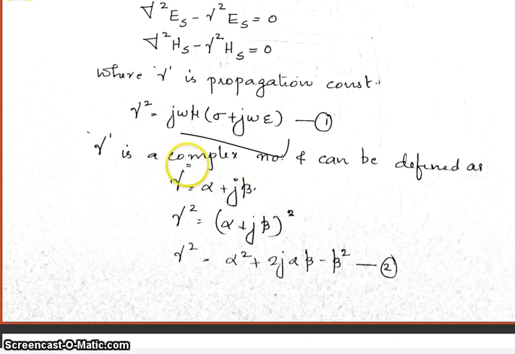Actually, this gamma is a complex number which can be defined as gamma is equal to alpha plus j beta. I am squaring it. Gamma square is equal to alpha plus j beta the whole square. So, gamma square is equal to alpha square plus 2j alpha beta minus beta square, which is my equation 2.